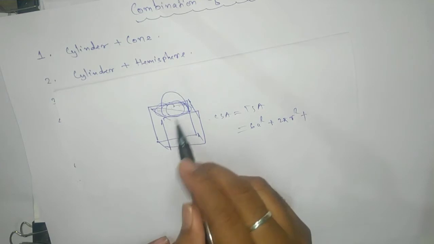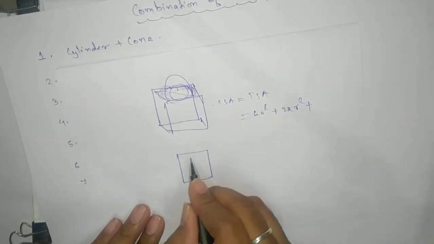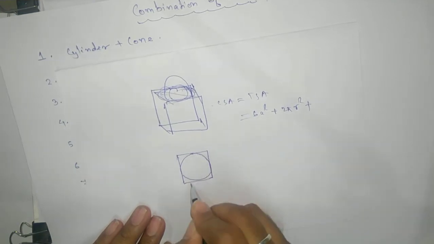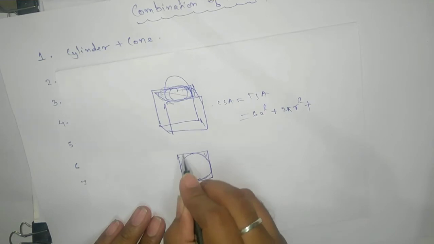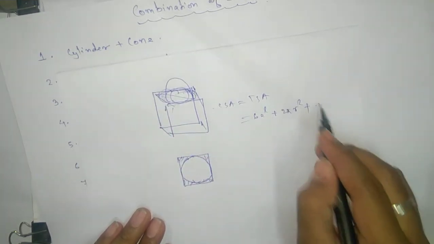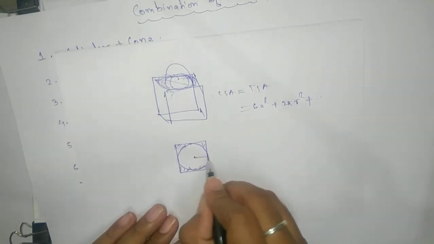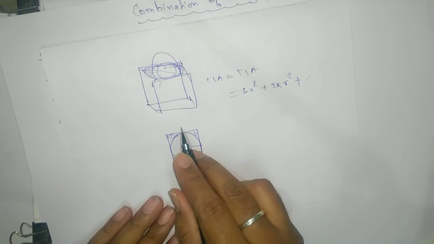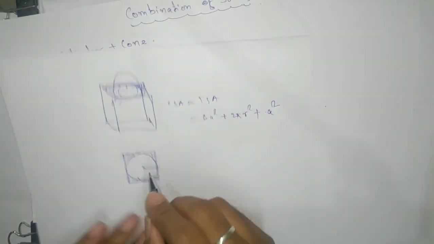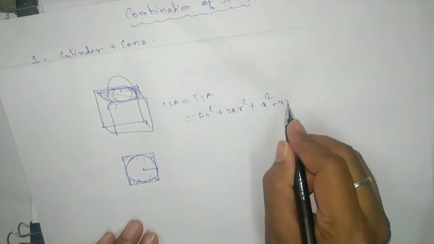But you can see here an extra part would be there. That means if we take the square and take out the circle part from it, you can see these parts are there outside. That means they are also part of the surface area. So to find this, we take the square, that is a square, and you need to subtract the area of the circle, pi r square.